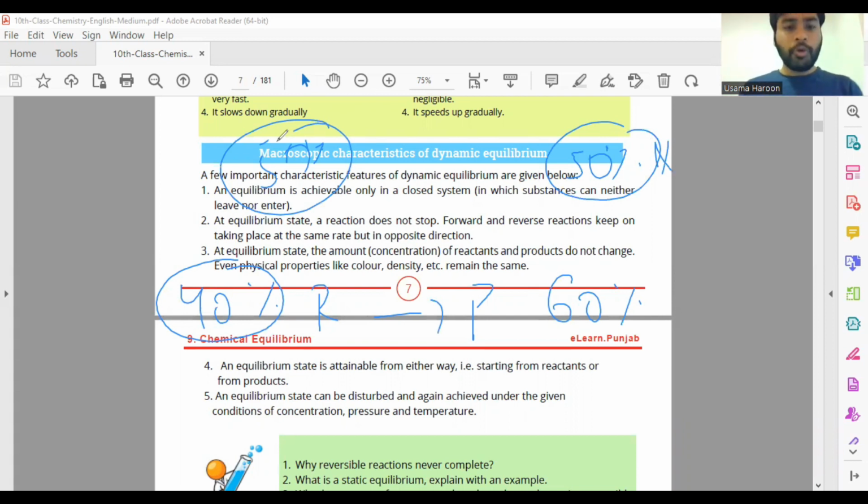So at any point, equilibrium can be established. Let's say we have 40% of the reactants and 60% of the product. For this specific reaction, the amounts of reactants, the 40%, and products, the 60%, will never change, and physical properties like color and density will also remain the same.